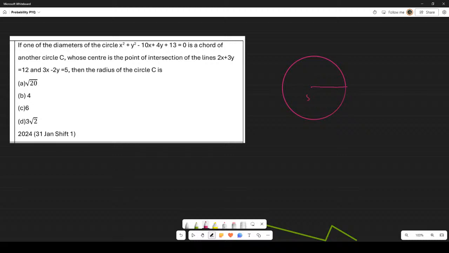The center is 5, minus 2. Radius equal to 4 square. Okay?